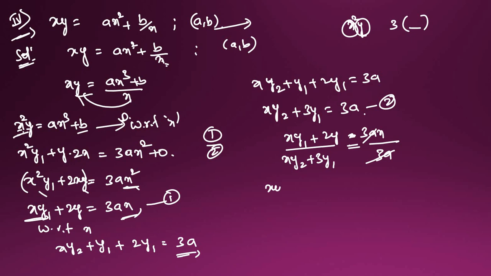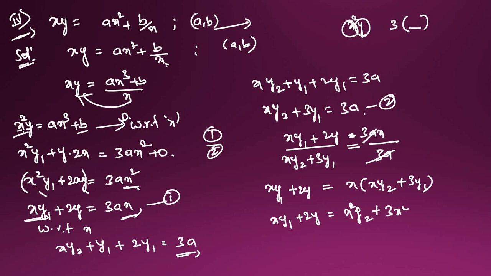So xy1 plus 2y is equal to x into xy2 plus 3y1 will come here. You can simplify it or leave it like that.